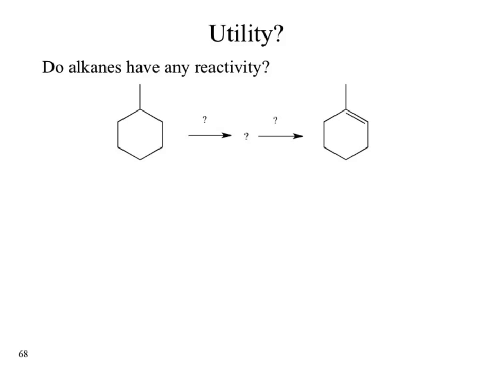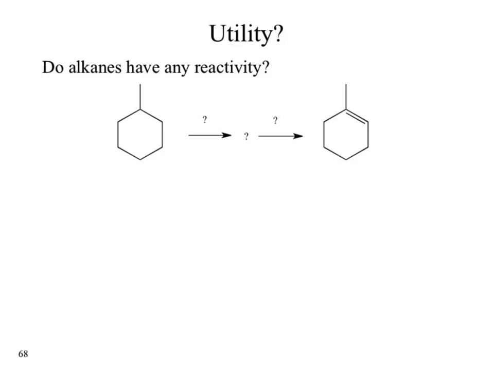So the utility. If I look at this reaction, I'm starting with an alkane. Where's the polar bond? Maybe the weird face that I was just given there was because there isn't one. True. There isn't one. So how could I possibly make that final product if I don't have anything to react? This is where radicals come in.